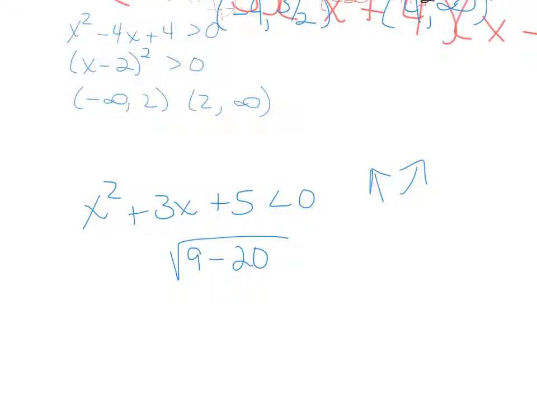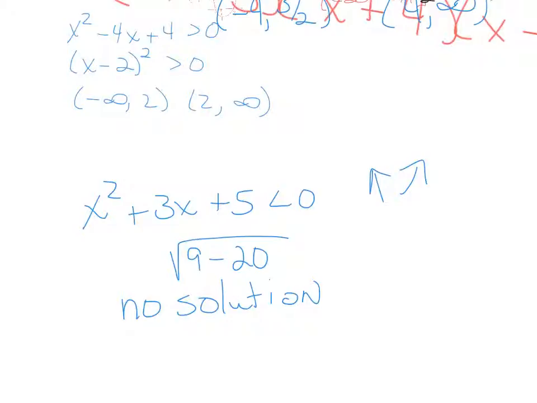Means it's not going to touch the x-axis. And if it's up, can it ever be less than 0? No. So this is no solution, because this is an imaginary root. We know the end behavior is rising to the right and the left, so it can't ever be less than 0. The vertex has to be above the x-axis.